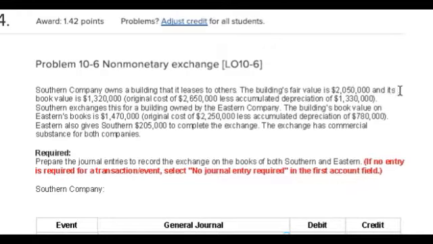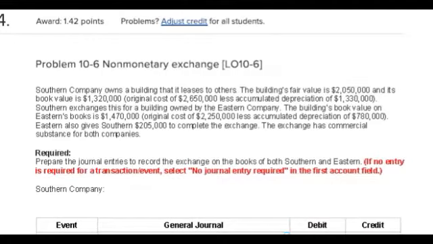So here it says the building's fair value is 2.05. So there's a value right there, right? However, there's something about receiving cash. Southern Company received 205,000, because it says right down here, Eastern Company, the other party, also gives Southern Company 205,000 to complete the exchange. So what does that tell you?